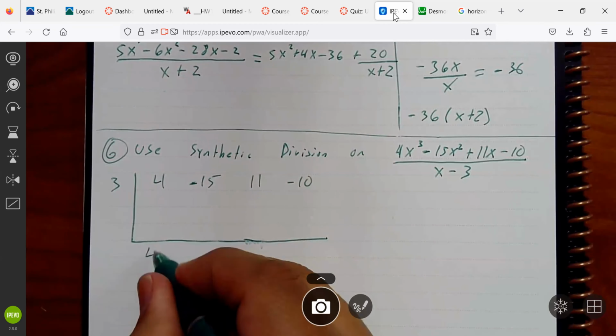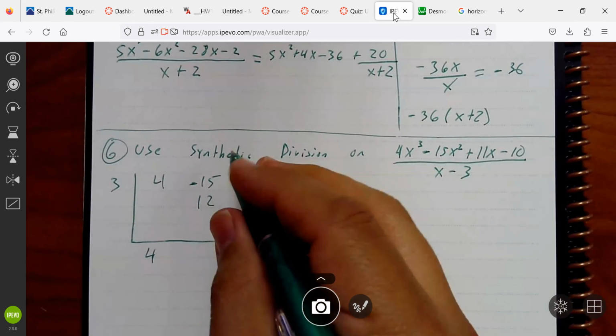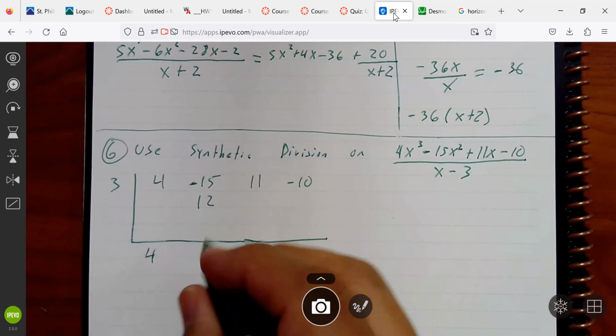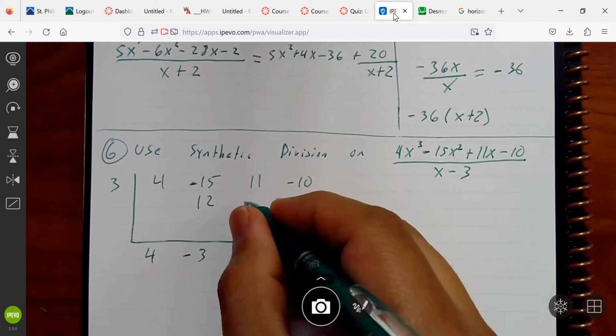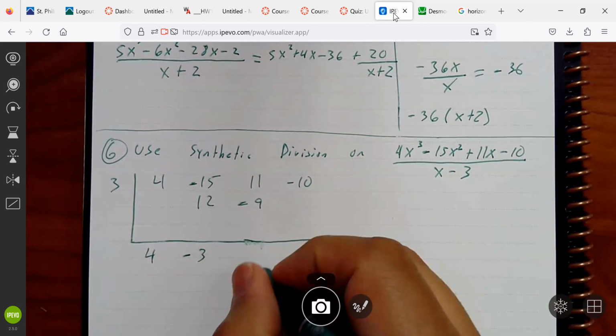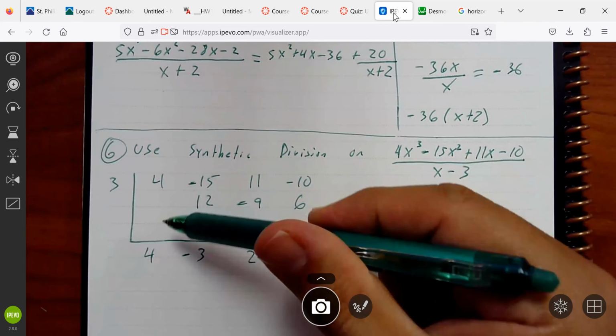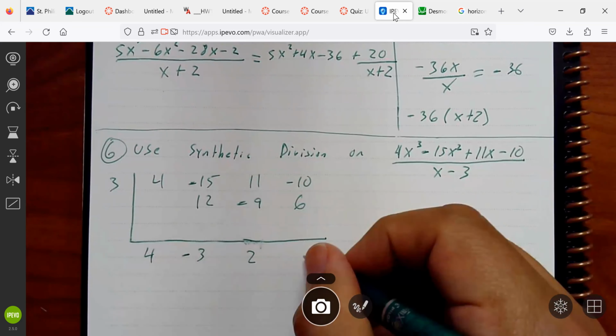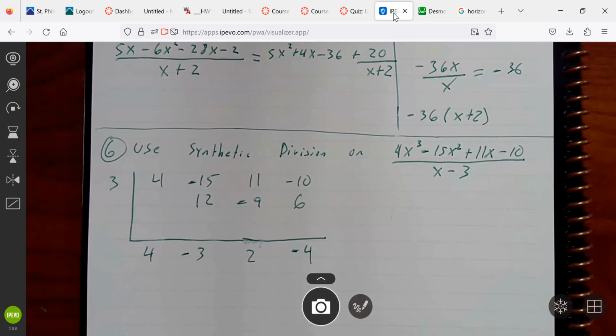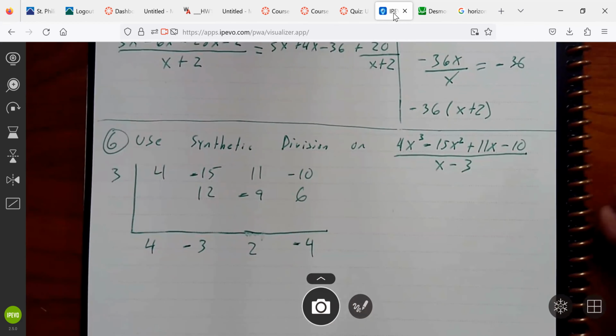Bring down the 4. 3 times 4 is 12. Negative 15 plus that is negative 3. 3 times that is negative 9. Add that up. That's 2. 3 times 2 is 6. Negative 3. Okay. So here's my synthetic division.